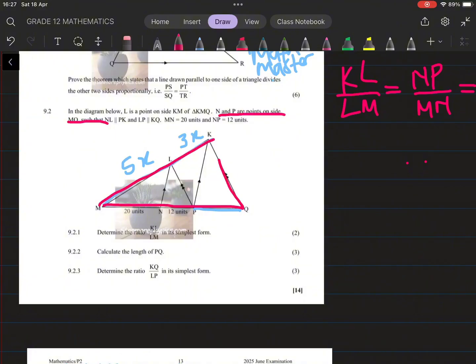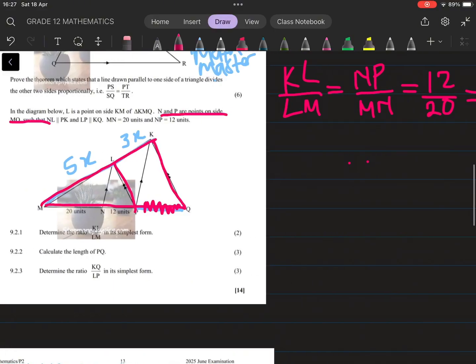Then we have triangle KMQ, and we can now use the proportionality theorem because we know that the sides are in proportion, because a line drawn parallel to one side of the triangle, which is LN, is parallel to KQ, right?